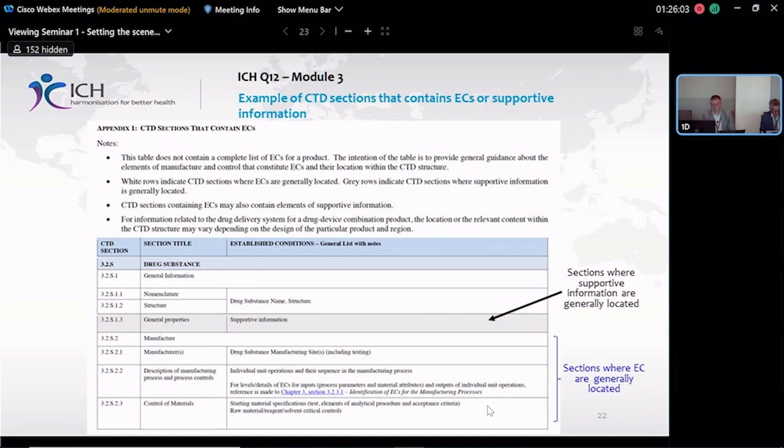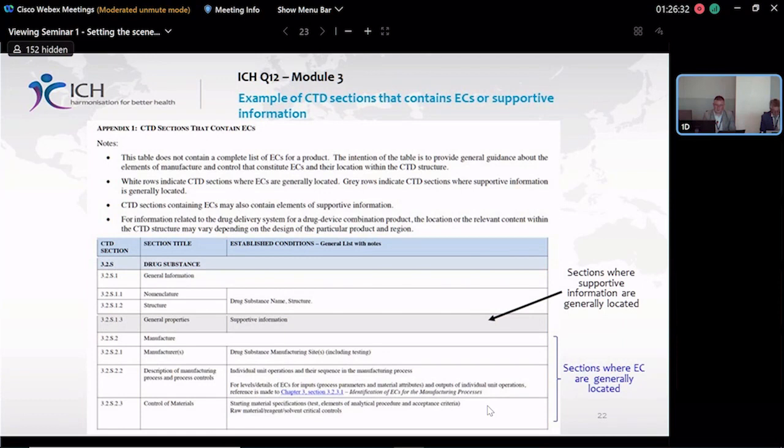So in the example there, you'll see the nomenclature, the structure of the drug substance, for example. They don't change their established conditions. If a company wants to change that, that would certainly trigger a variation. But the general properties, which are the supportive information, don't necessarily trigger variations if they're changed.